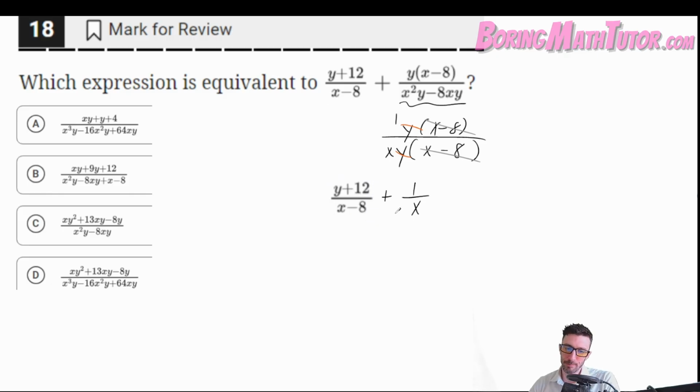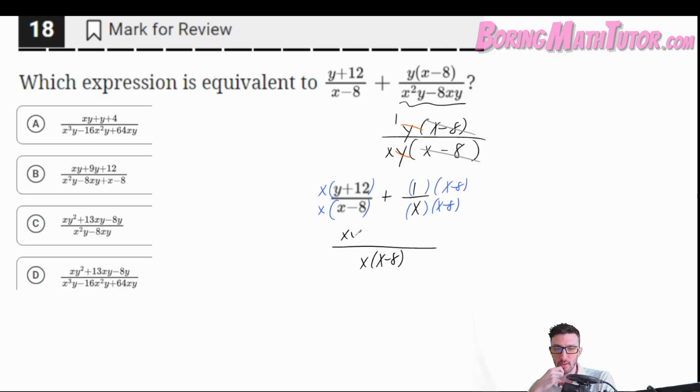And normally I want to get a common denominator. So that means I'm going to multiply the denominators by each other. And that means I'm going to multiply everything here by x and everything here by x minus 8. All right, so now x times x minus 8 is my common denominator.